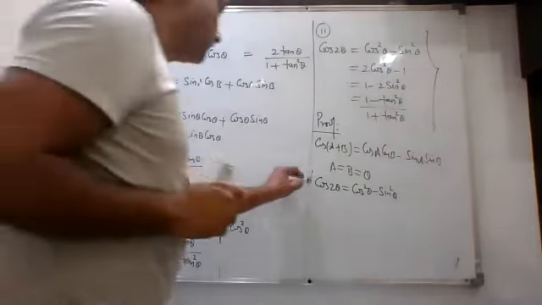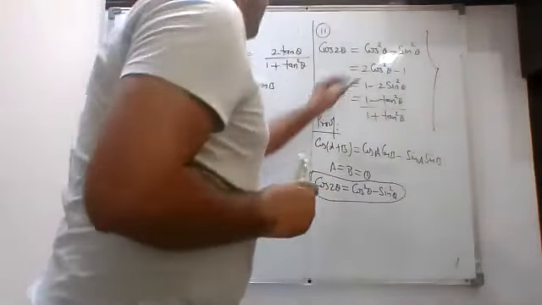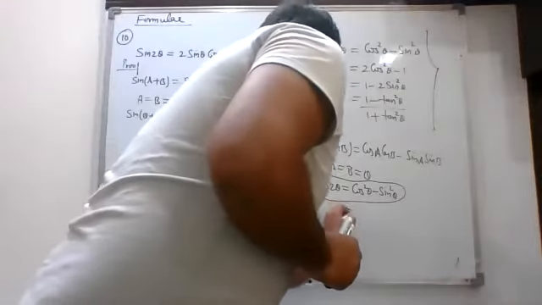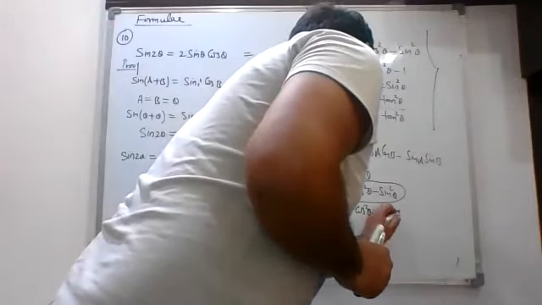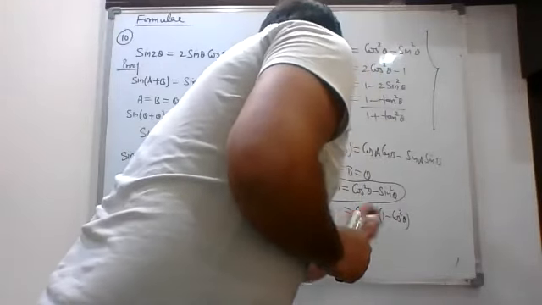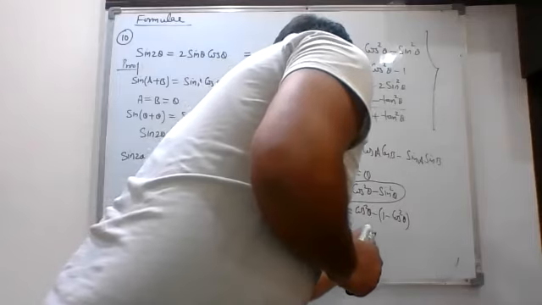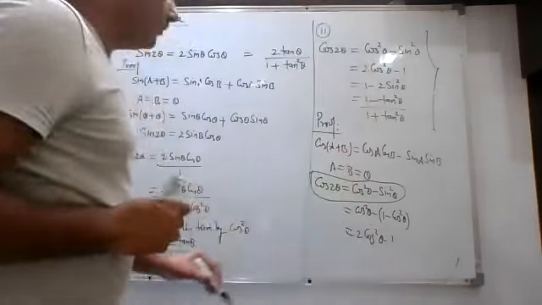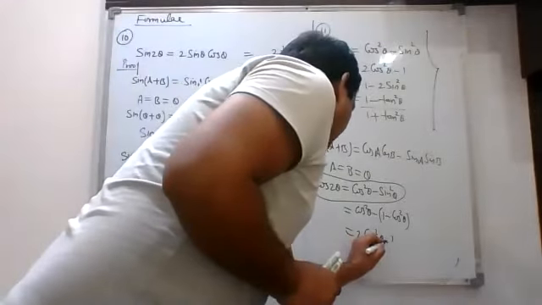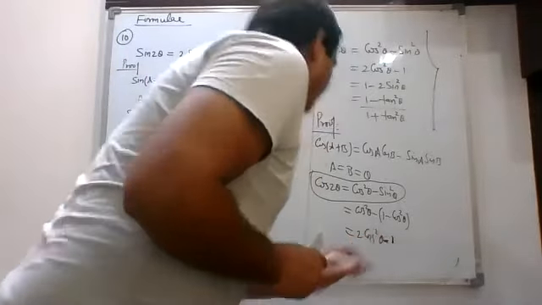Now from here, if you want to get this second formula, then I can write this sin² as 1 minus cos² θ. So when I club these two, it will become 2 cos² θ minus 1. So this is how we can prove that second formula which I had written.